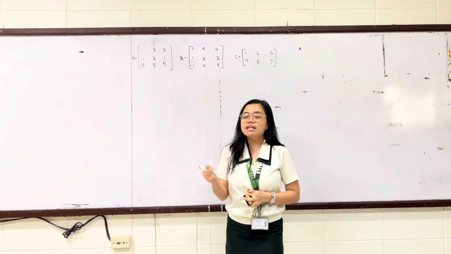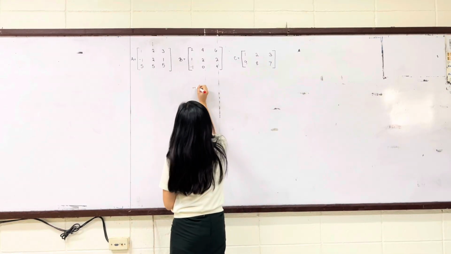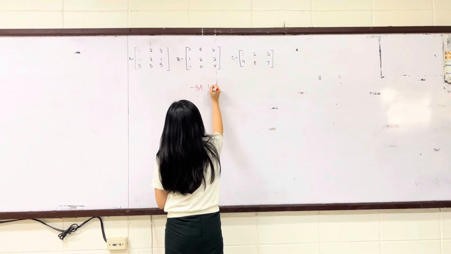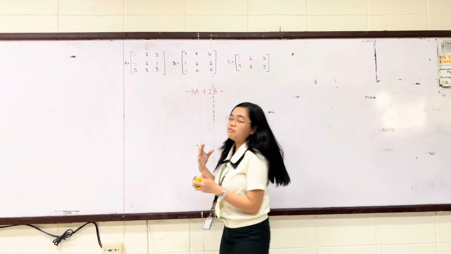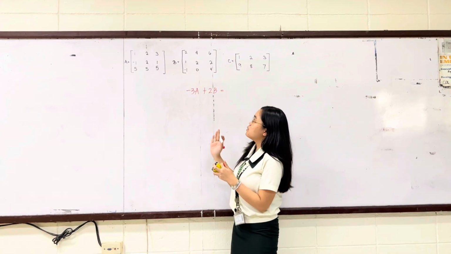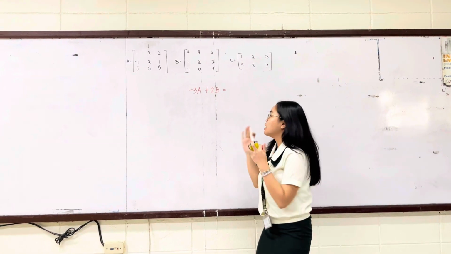Okay, so moving on, let's solve for negative 3A plus 2B. So in this one, first, let's substitute the values of matrix A and B to the equation.